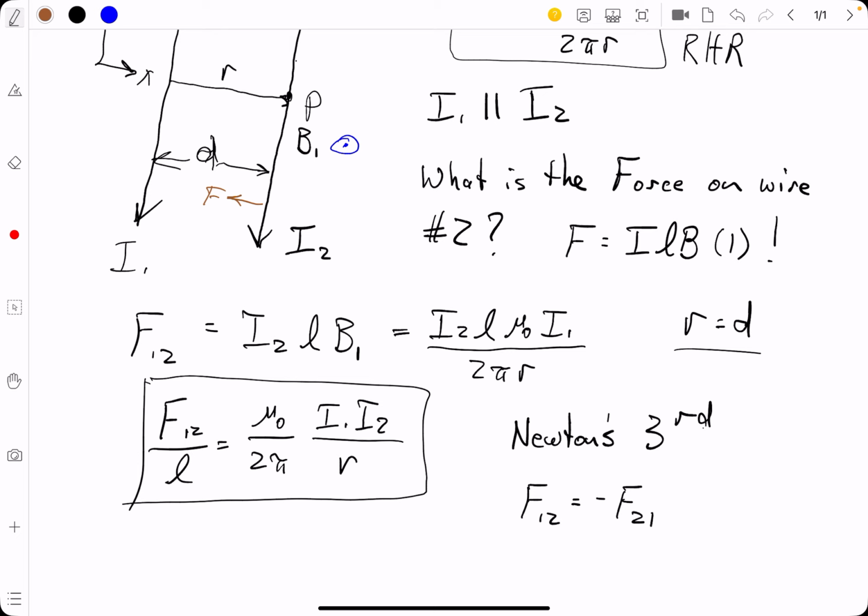Play around with that a little bit, but the cross product is found here and here. Put your fingers along I2, bend them toward B1, and you'll see your thumb pointing in the F direction. So that's our F12, all right?